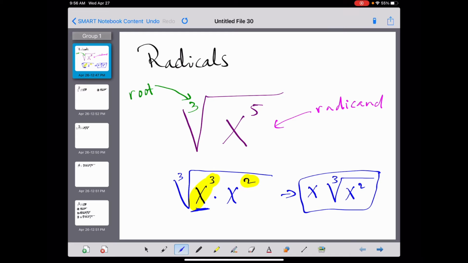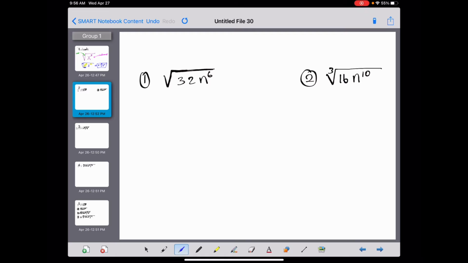Now let's move on to the case where it's a bit more complicated. Let's look at number 1. Notice I don't have a root here. That means we assume there's an invisible 2. So let's break down 32 all the way. That's 8 times 4, sorry, it's 4 times 2, this is 2 times 2, and this is 2 times 2.